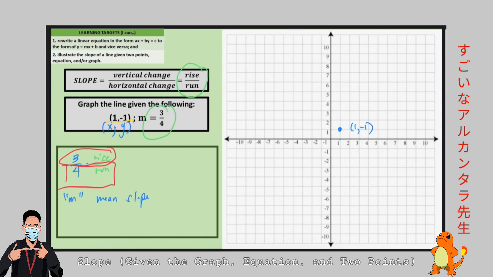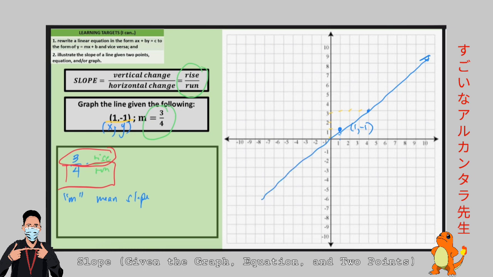Since the slope is 3/4, we go up 3 units: 1, 2, 3. Then, since the run is equal to 4, we run 1, 2, 3, 4. That means there is a point somewhere here, and all you have to do next is plot those points and draw a straight line.